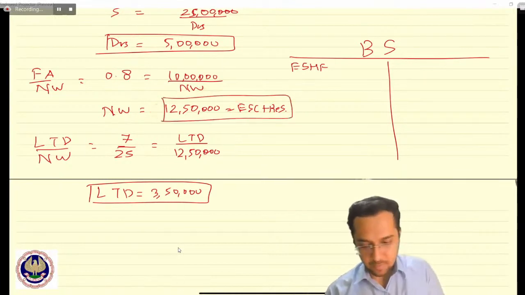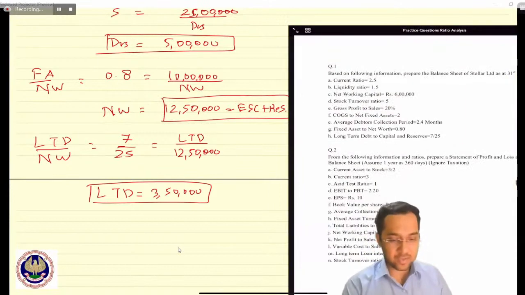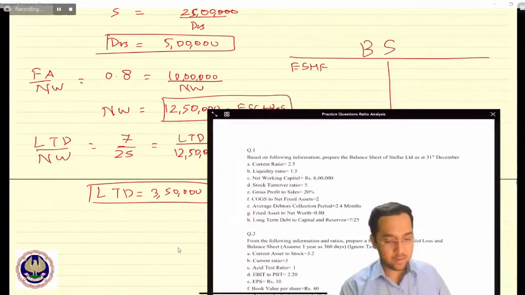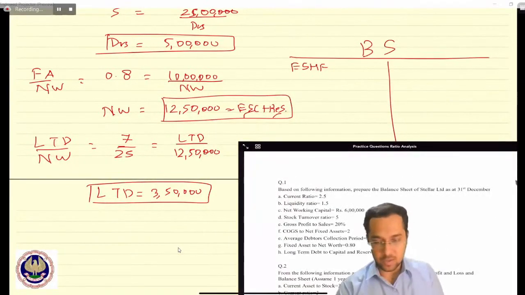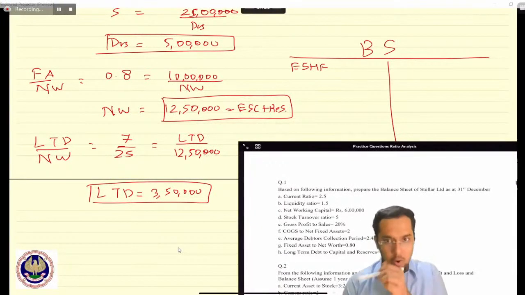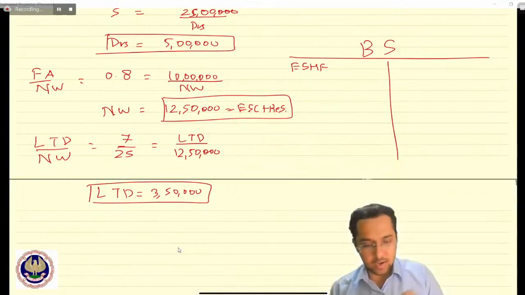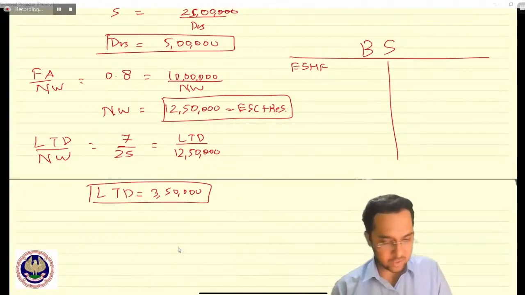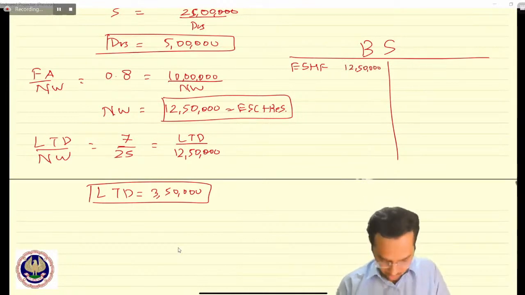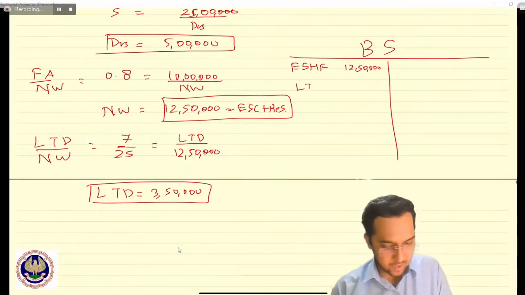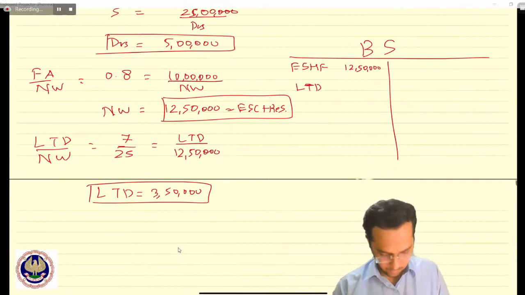The question is not giving me any further information on the relation between equity and reserves, so I'm going to write it simply as equity shareholders funds of 12 lakh 50,000. Liability side, we have long-term debt of 3 lakh 50,000.